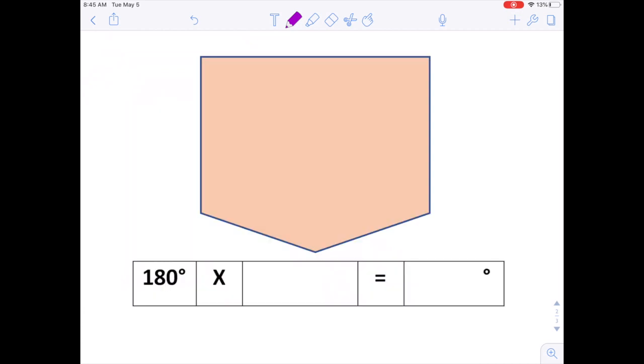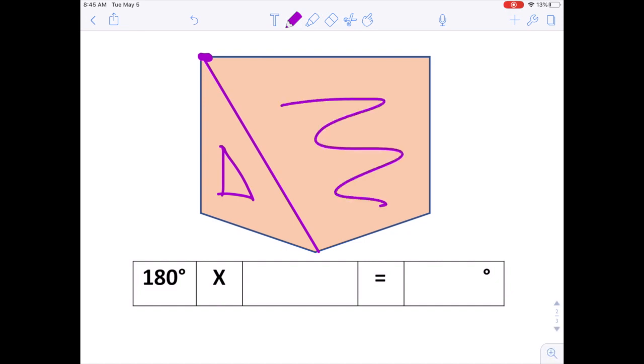This is another 5-sided shape, a pentagon. It looks a little different. I can choose wherever I want to put my point of reference. I'm going to choose up here and draw my line to other corners. So here's another corner, and that made a triangle. This shape is not a triangle, it still has 4 sides, so let's try to split it.